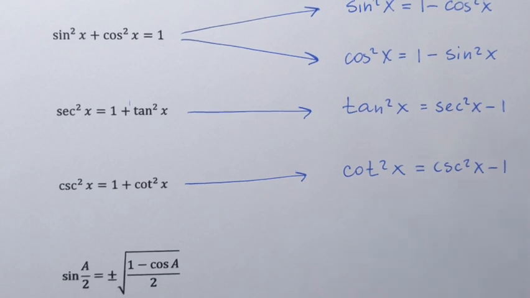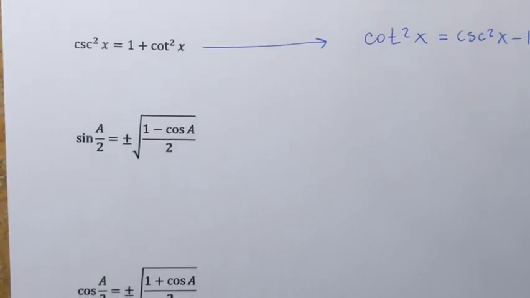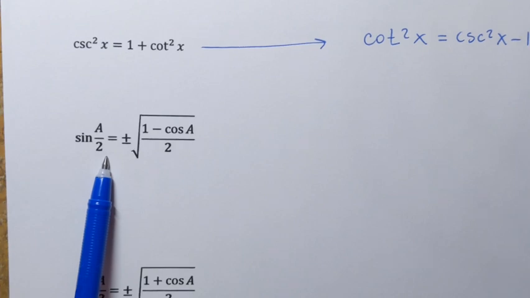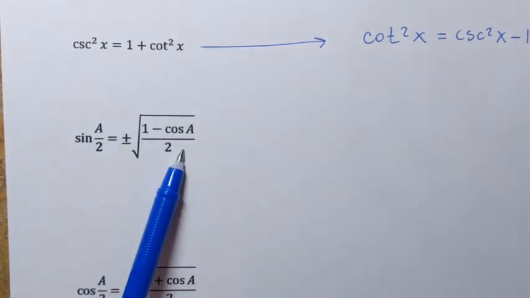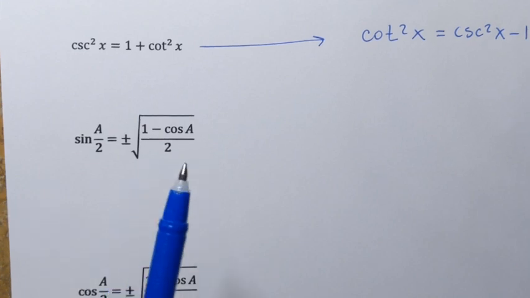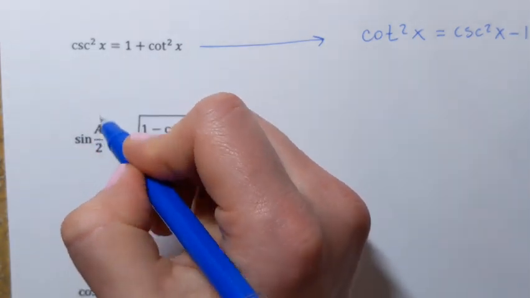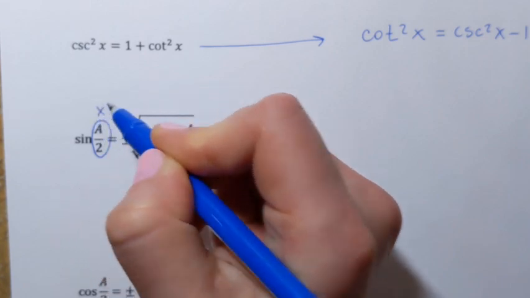Now, what else? You also might remember the half angle identity. It's one of the ways to write it, but we're gonna manipulate it a little bit so that we can rewrite it in a little bit different form. So this is what we're gonna do with it. I will rename a over 2. So a over 2, I'm gonna call x.